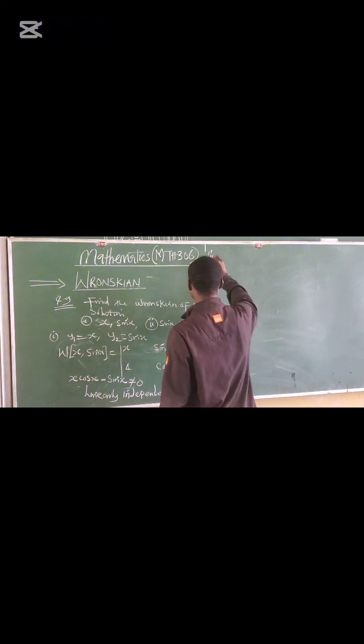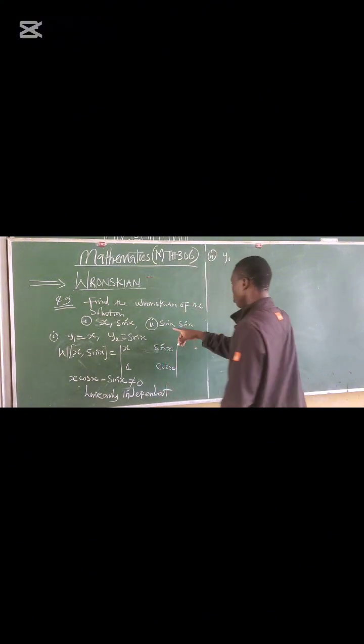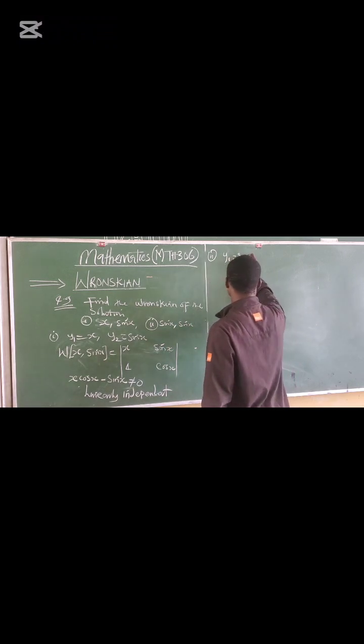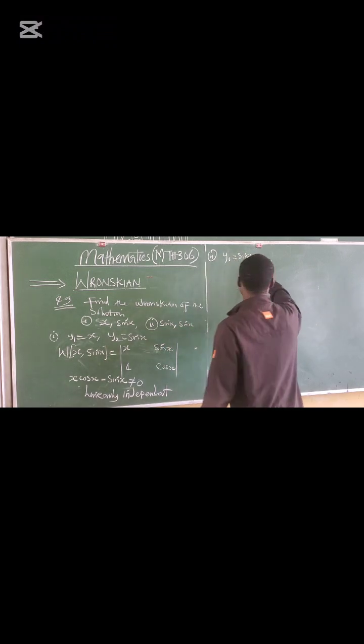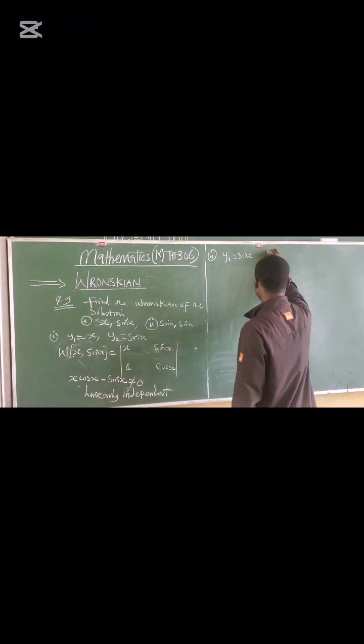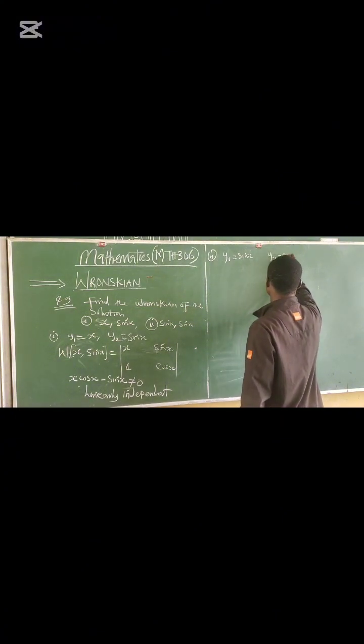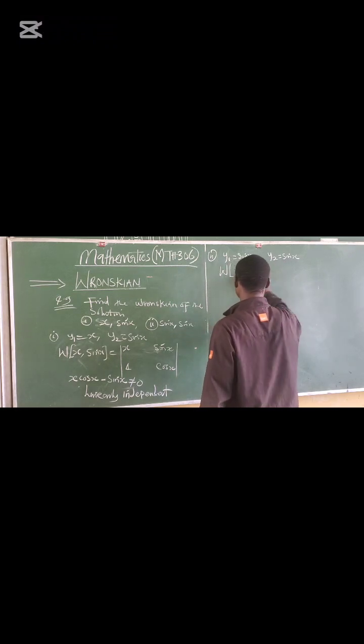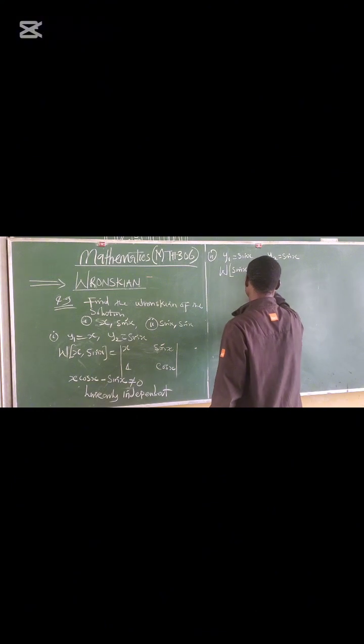So question II, we have our y1. Our y1 here is sin x, and our y2 is also sin x. So we are going to take the Wronskian, which is y1 comma y2, sin x comma sin x.